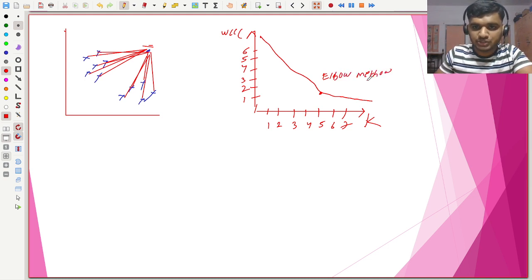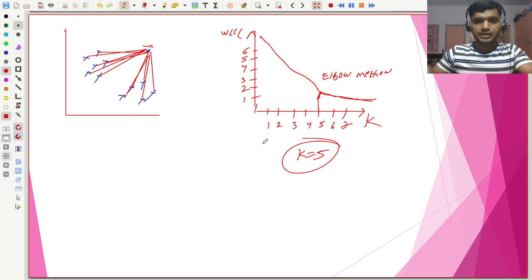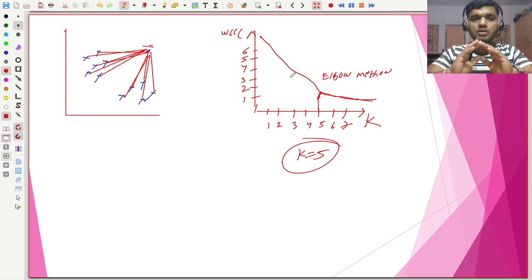You notice it decreases, decreases, decreases like this, and after some decrease it becomes nearly constant, and that is your k value. Here k equals 5.